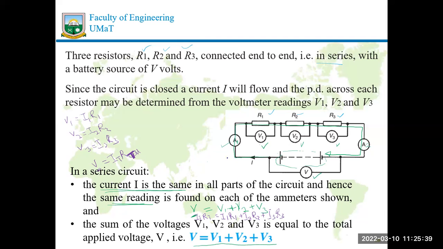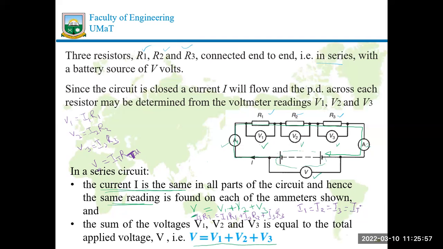But from what we've gone through with the aid of the ammeters, we know the currents are the same, which means that I1 is equal to I2 is equal to I3, and that will be equal to IT.